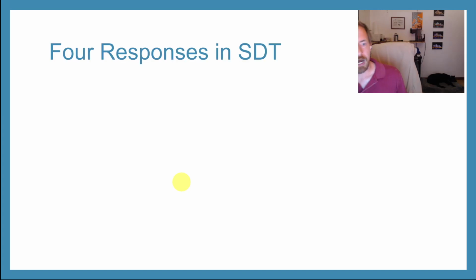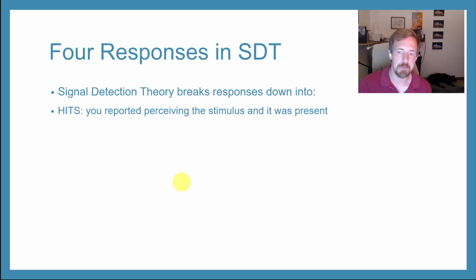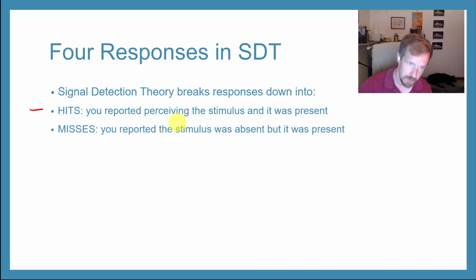All right, so in doing this Waldo exercise, there are 4 different responses that we can have. We can break these down into hits, which is where you detected a stimulus and it was in fact there. It would be a miss if Waldo was present and you said he wasn't there.